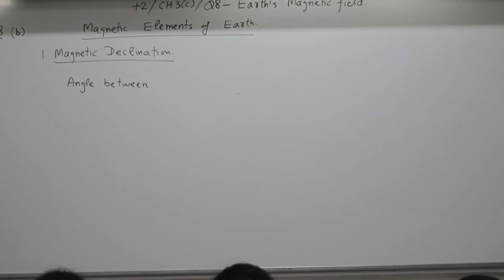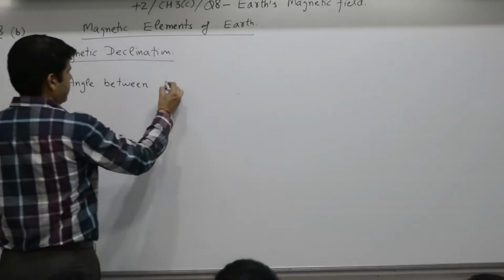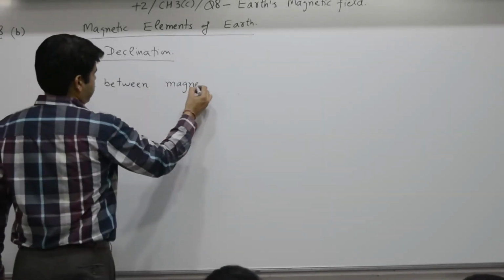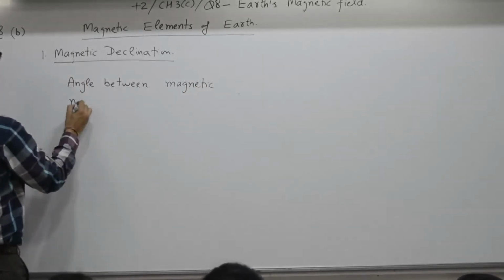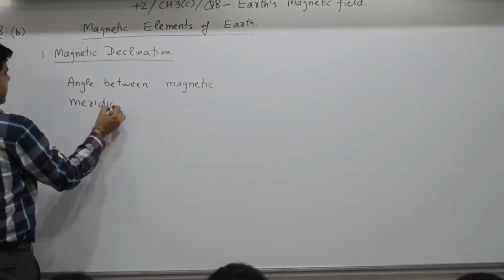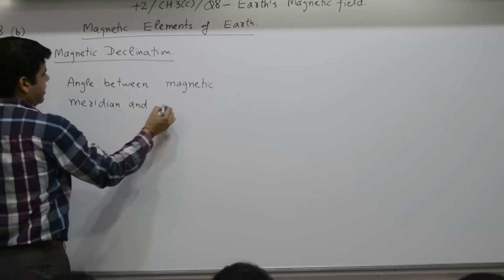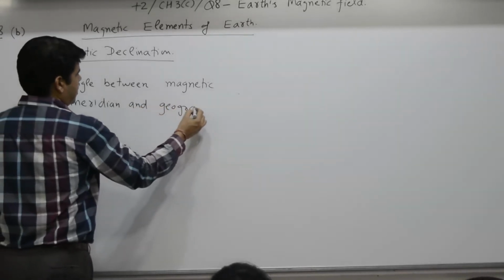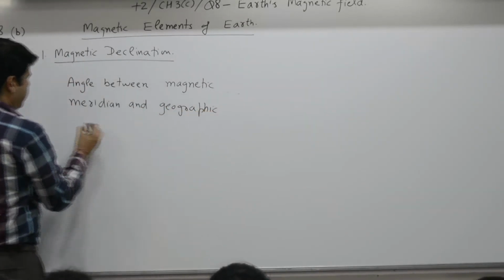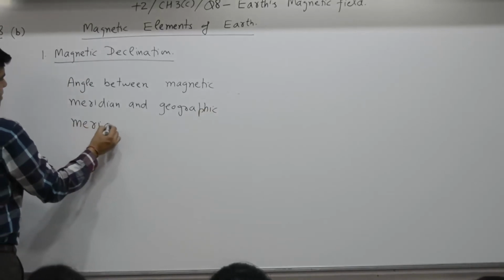One, magnetic meridian, angle between magnetic meridian and geographic meridian. Meridian means plane.